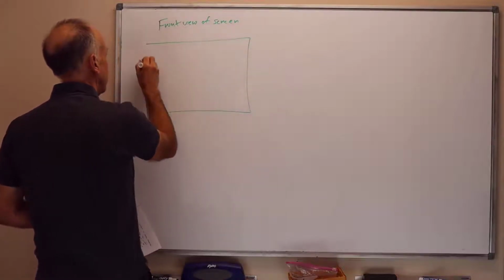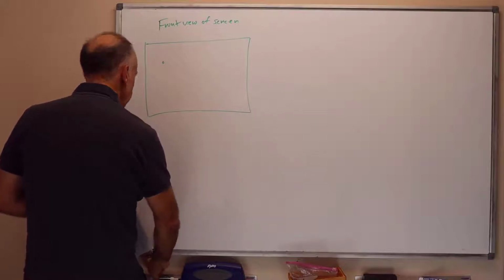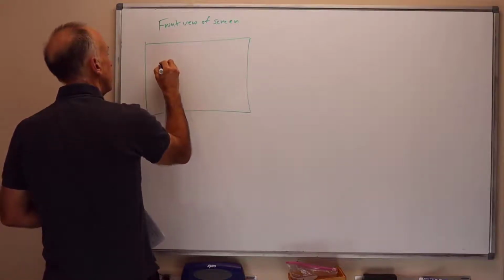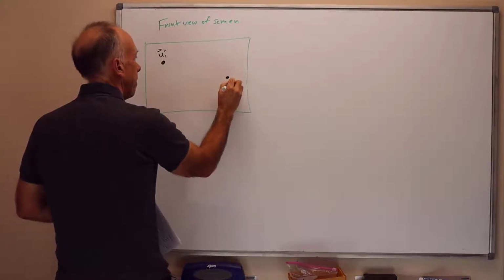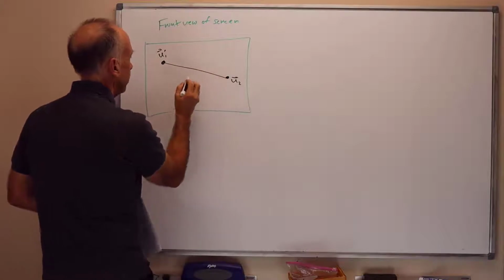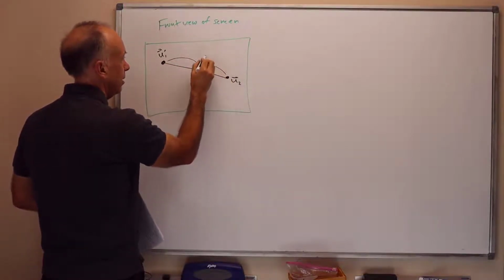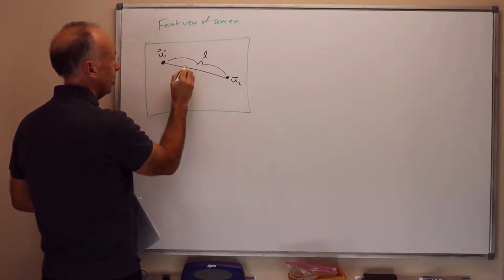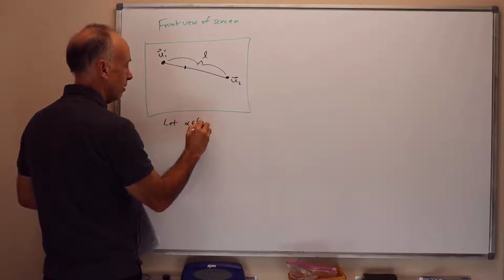So on the screen, we've got 2 points, U1 and U2, U1 prime and U2 prime. And we draw the straight line segment between them. And let's suppose the length of this segment is L. And we may go fraction alpha of the way, so let alpha be in the interval 0, 1.